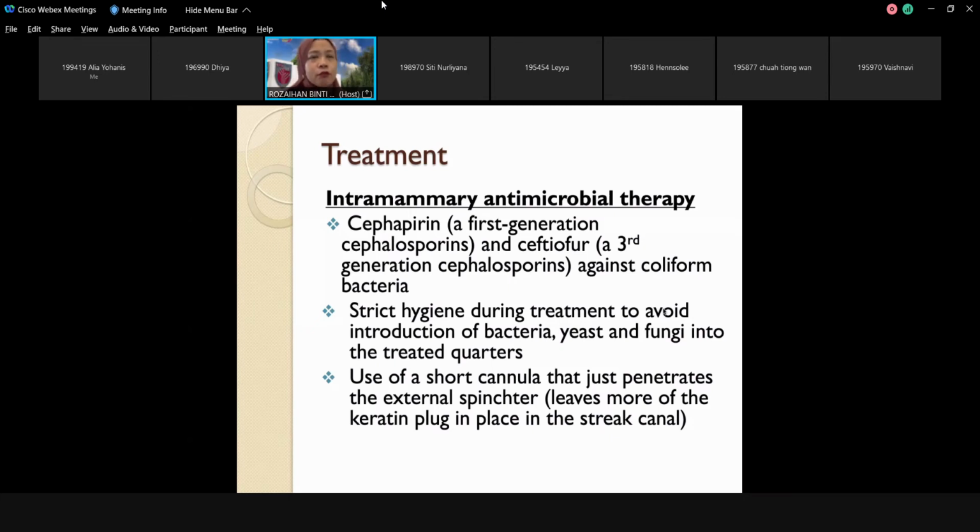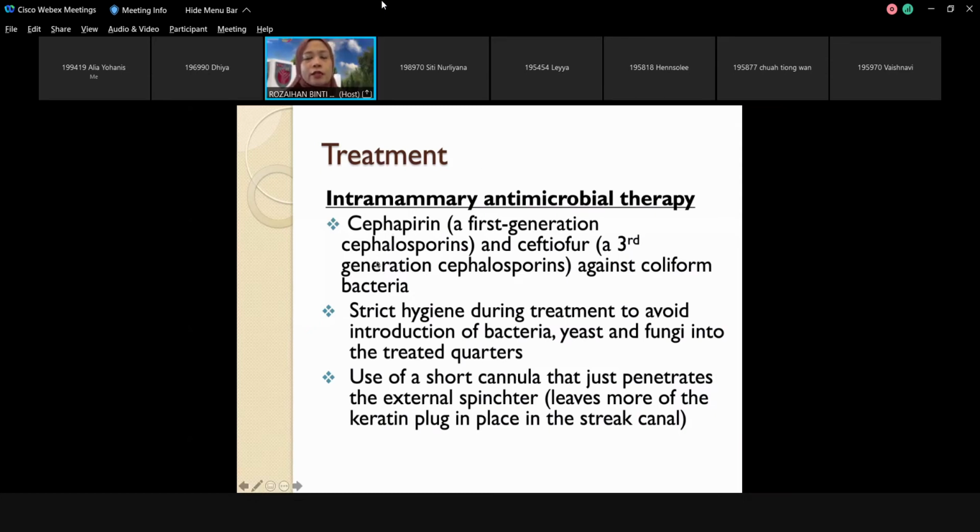Most of the time, we do lack intramammary antibiotics, so clinicians would opt for parenteral. But if you have intramammary antibiotic, please use the intramammary infusion.